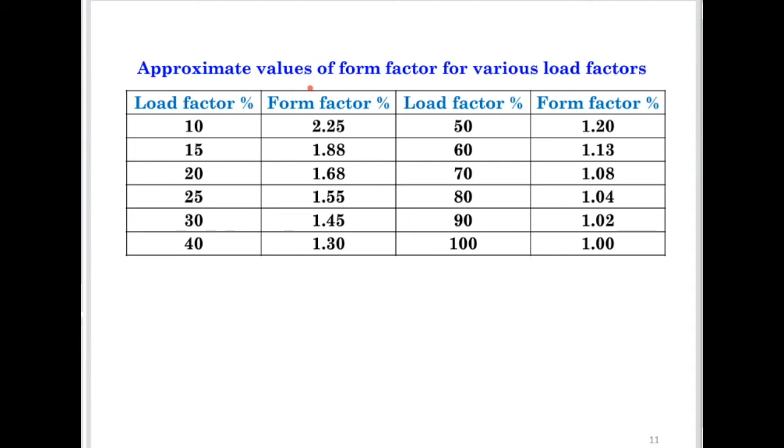When we talked about average value, maximum value, RMS value, we knew that load factor was average by maximum demand. So what is form factor? Did you hear this word before?